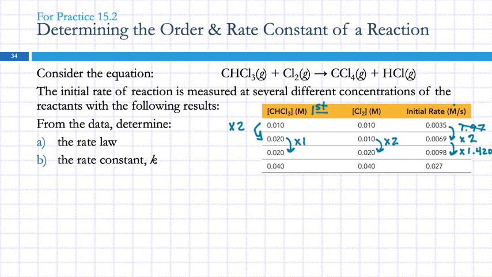So we have to do that rate over rate thing. So rate 2, and I'm going to call this row number 1 for this, and this row number 2, just so we don't get confused. Rate 2 is equal to the rate constant times the concentration of the first compound.